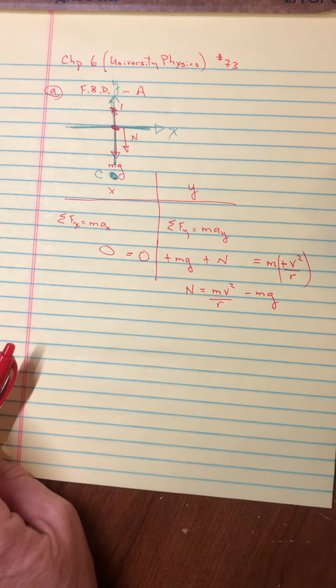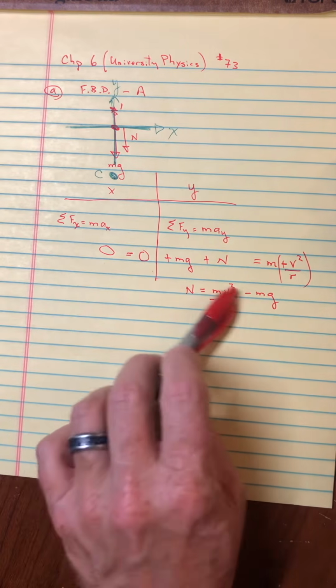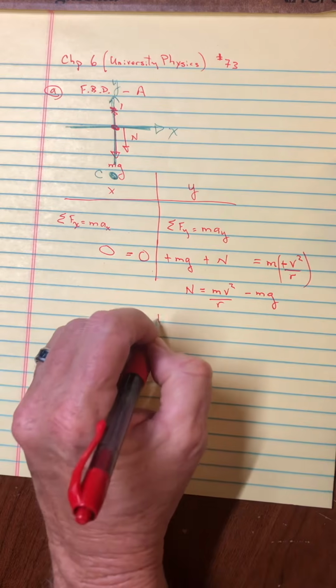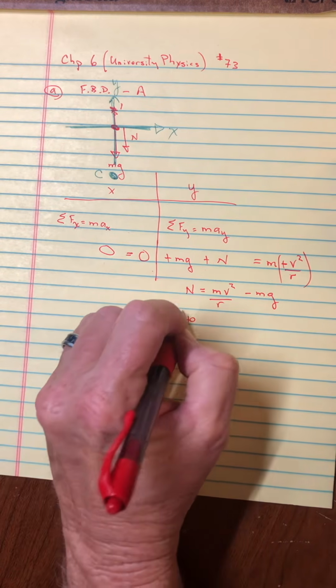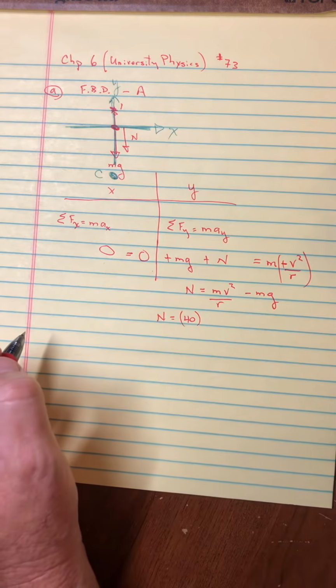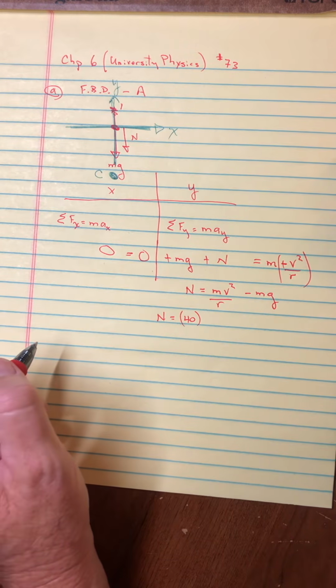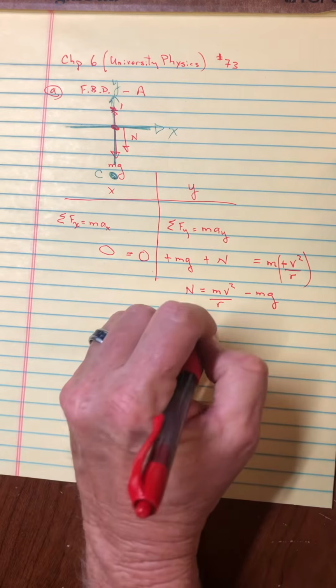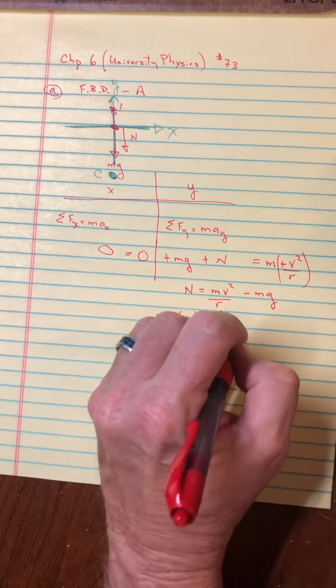for this one, we can figure out then what this value is, because they tell us that the child is 40 kilograms. At point A, it's going 10 meters per second, and the radius is 7.